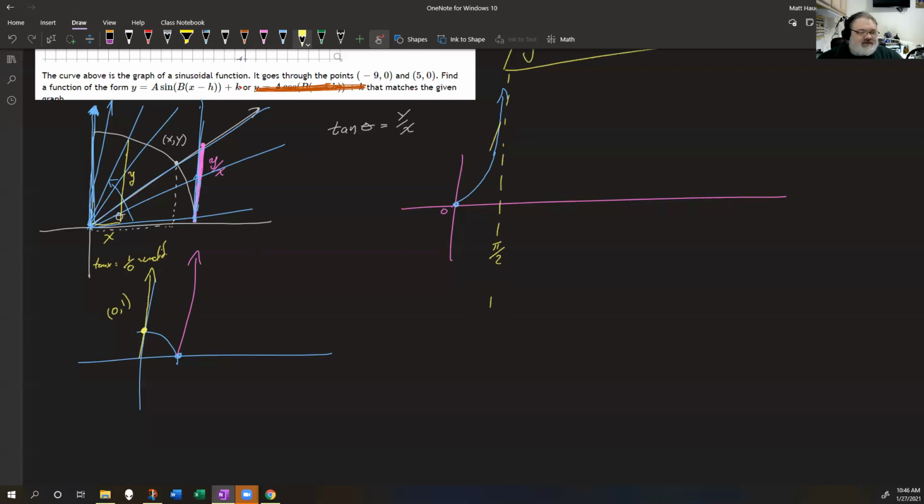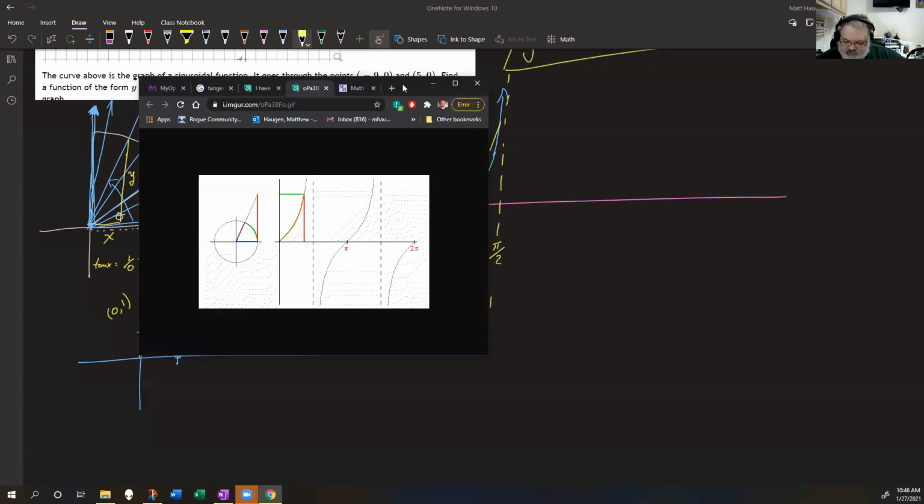Now, you could visualize this. We'd keep drawing it and visualizing it out. But I've got a nice little GIF for you here that kind of models that.